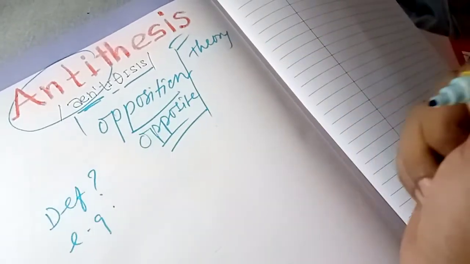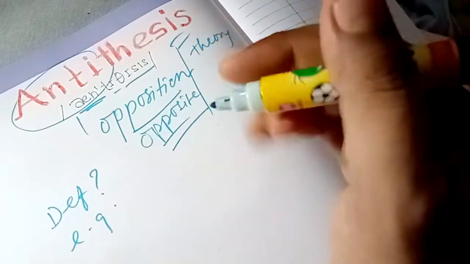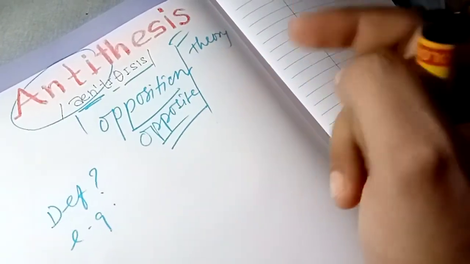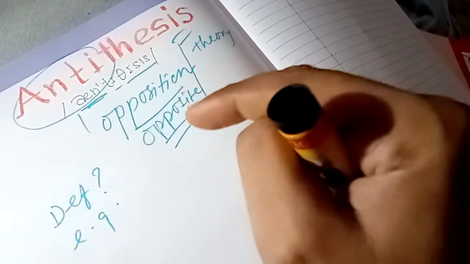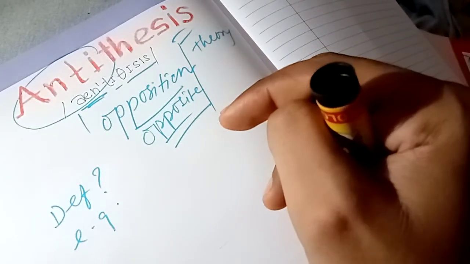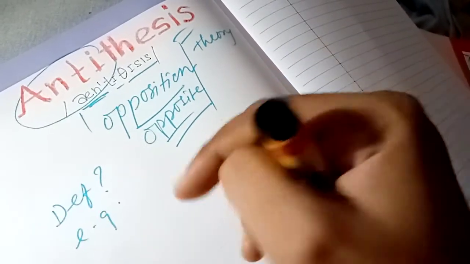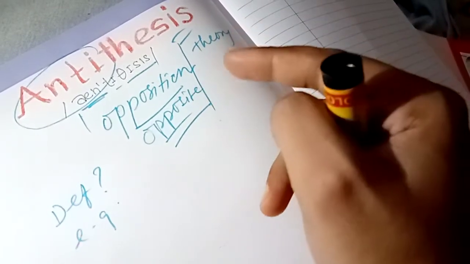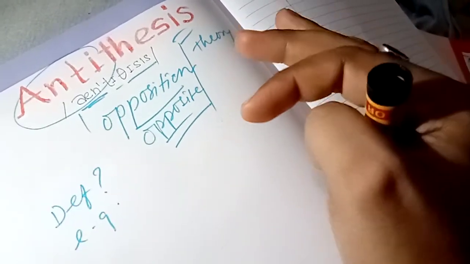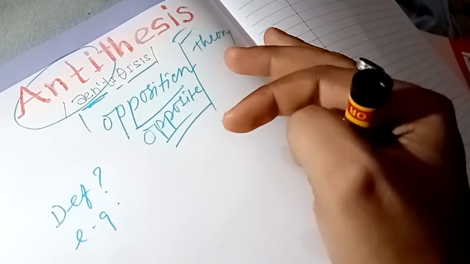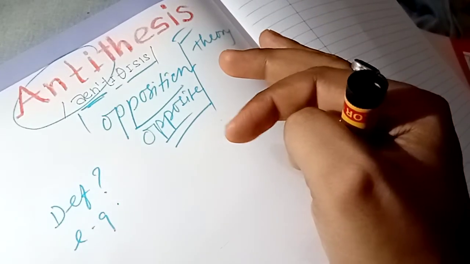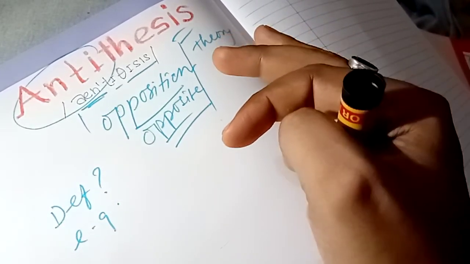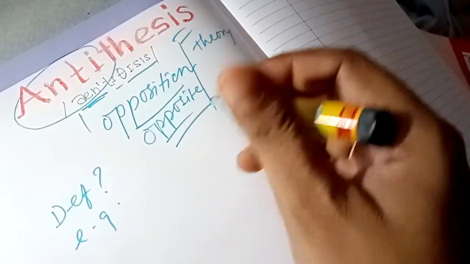What is the definition? Let us define it. Antithesis is that figure of speech in which things mutually opposed, mutually, Hindi term is parashpar, each other, in some particular idea or phrase are set against each other.